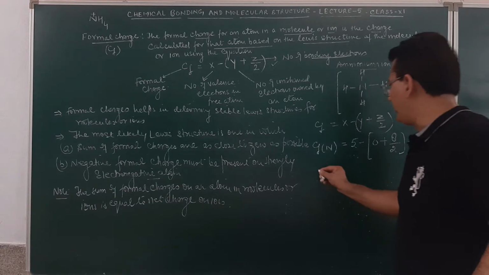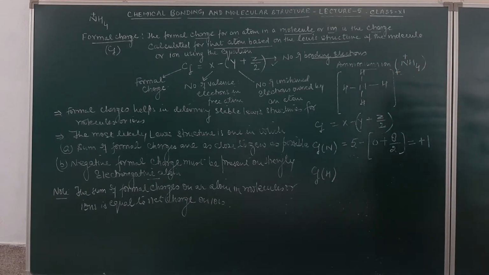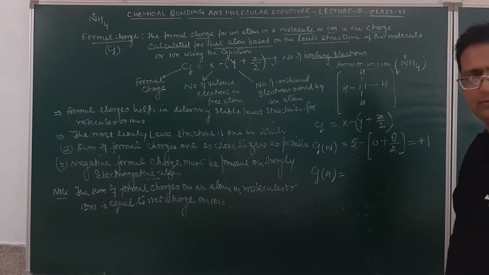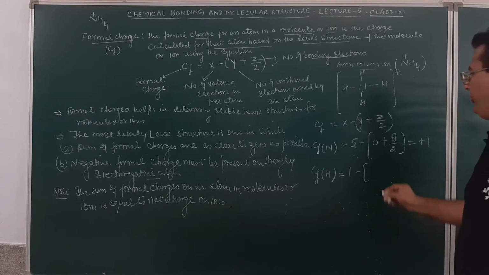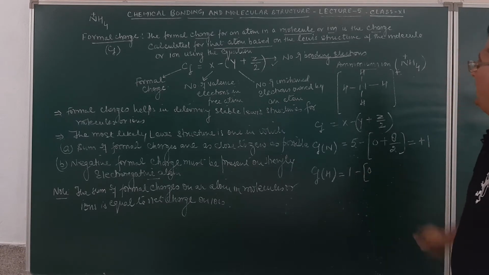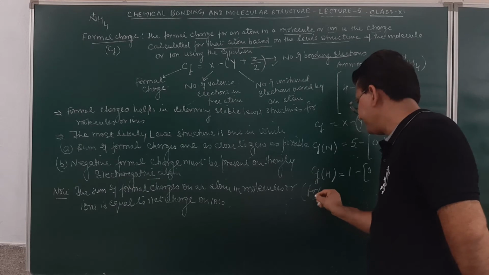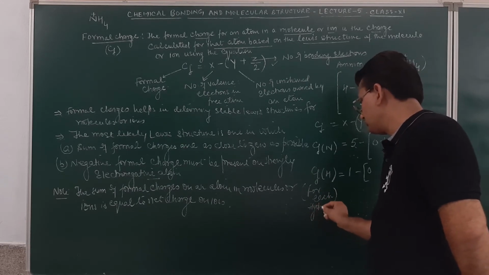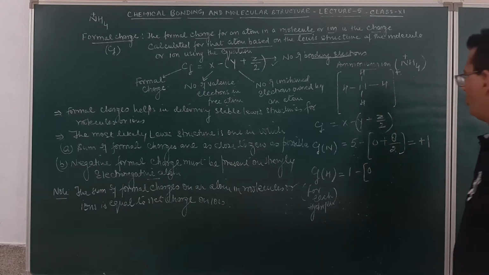Now, if I find out the formal charge for the hydrogen atom in the ammonium ion, how many electrons are present in the valence shell of hydrogen? 1. Number of electrons which are unshared? 0. How many bonds is each hydrogen atom making? 1.